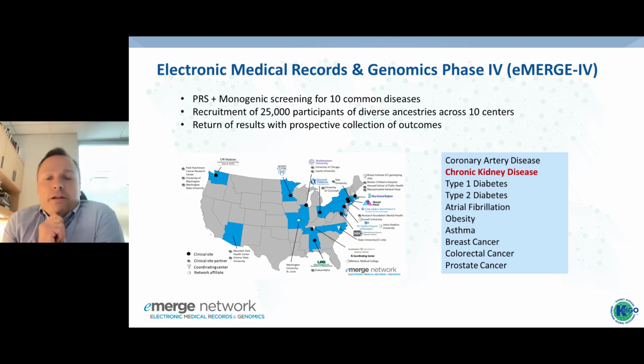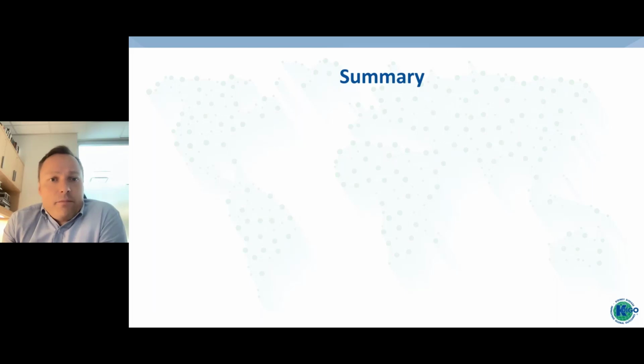So we are very much looking forward to the results of this study. The results should become available in 2025 to see if the polygenic risk score for CKD can indeed enhance screening for CKD, if it can enhance detection and promote perhaps early interventions such as lifestyle modifications and adherence to frequent CKD screening.